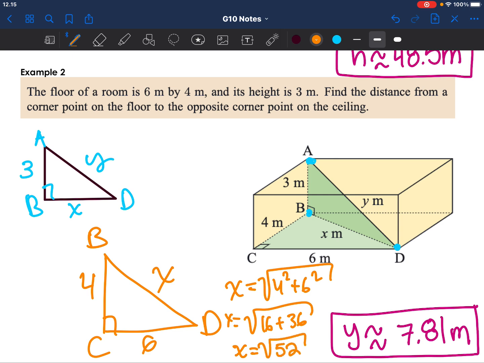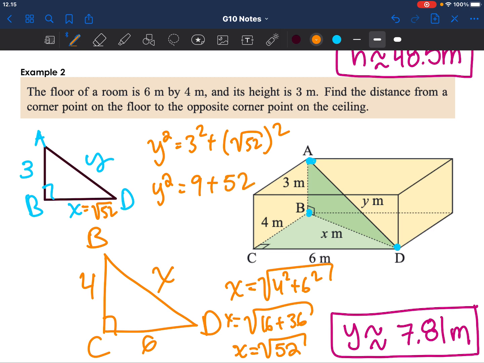So if we know that x equals the square root of 52, just solve for y, right? Y squared equals 3 squared plus the square root of 52 squared. This is nice because that means this square root goes away. So y is the square root of 61, which is 7.81 meters.